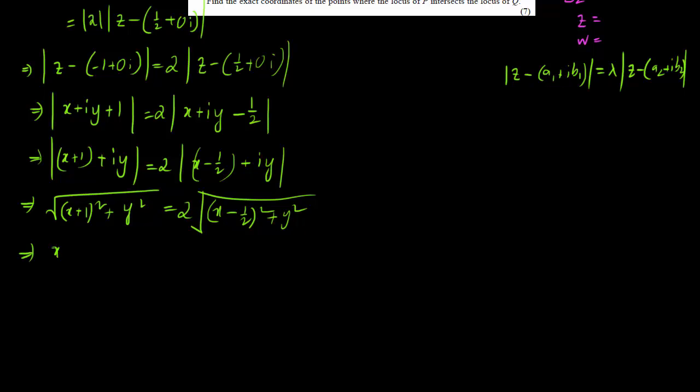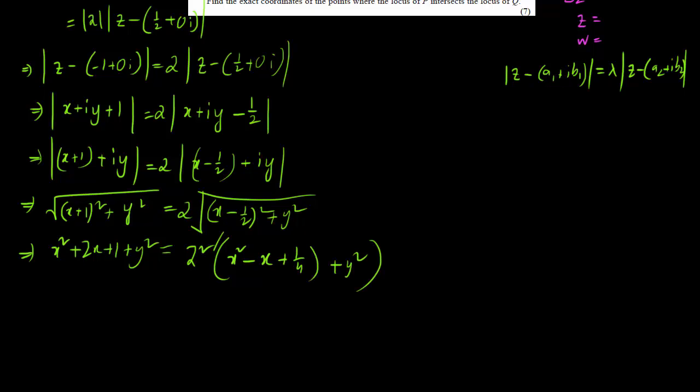So doing the algebra turns out to be square root of x squared plus 2x plus 1 plus y squared. If we send the square root to the other side, this is going to be whole squared, so this will be 2 squared, and the square root will disappear. This is going to be x squared minus x plus 1 by 4 plus y squared, and the whole thing is multiplied by 2 squared, which is 4.